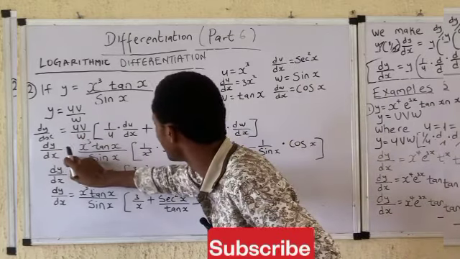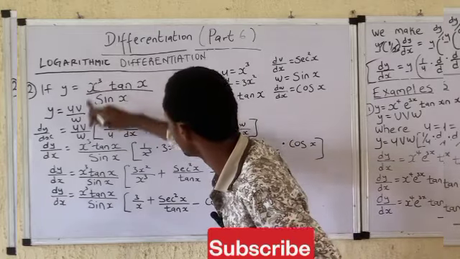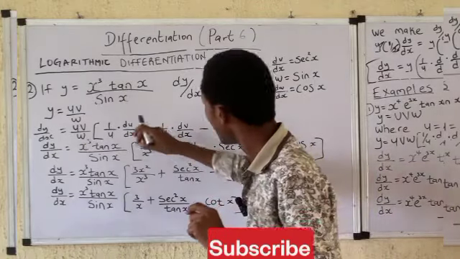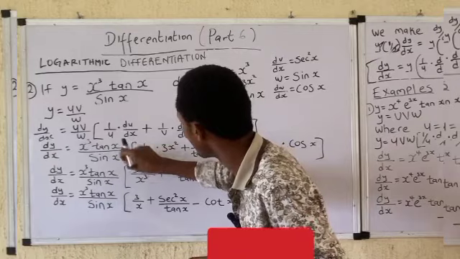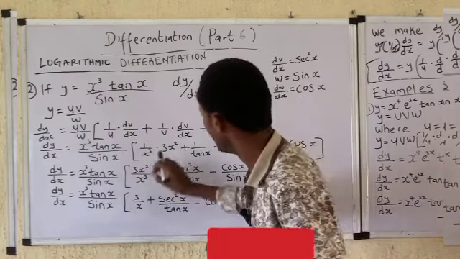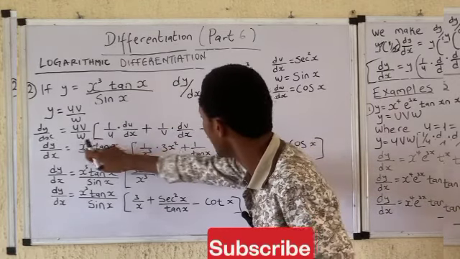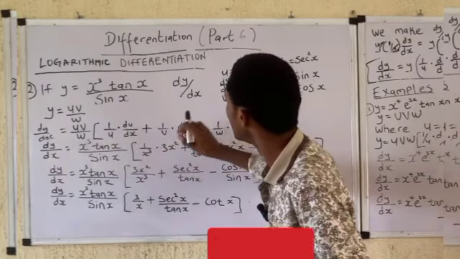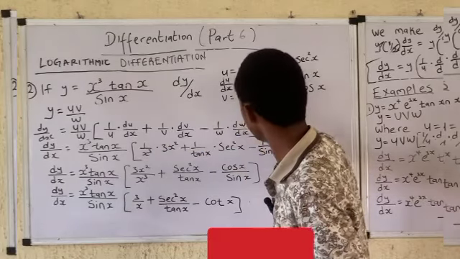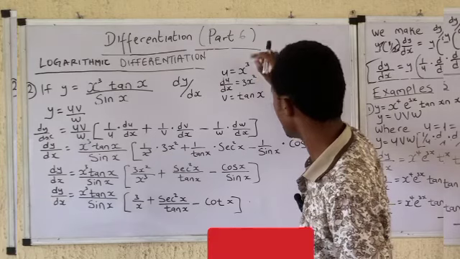dy dx equals, now where is our u? Our u is x raised to the third power. Our v is tan x all over, where our w is sin x, bracket open. 1, remember 1 all over u. So our u here will be x raised to the third power times the differential form of u, which is du dx, 3x raised to the second power.